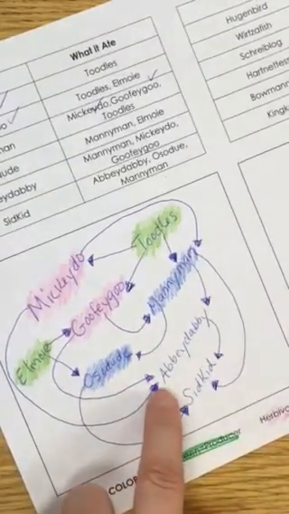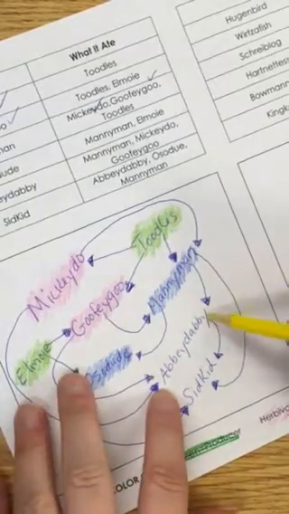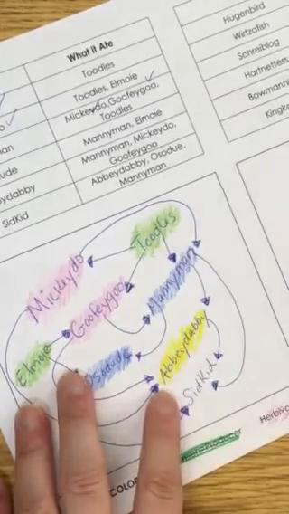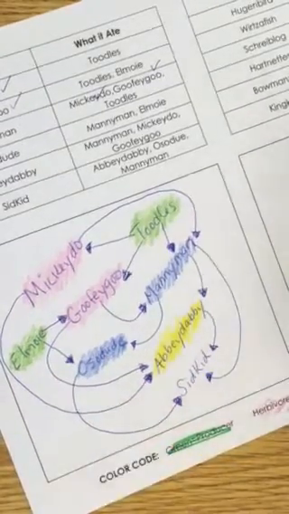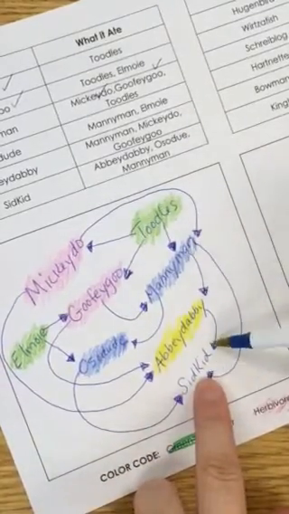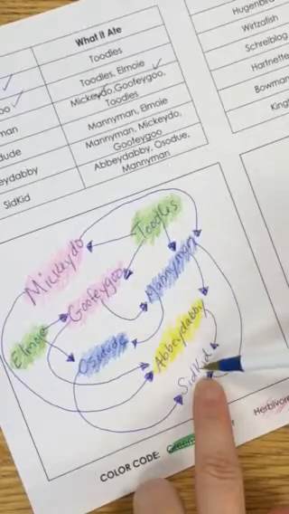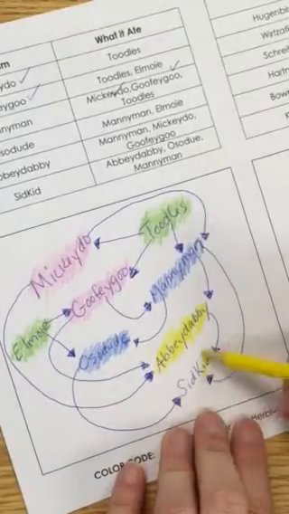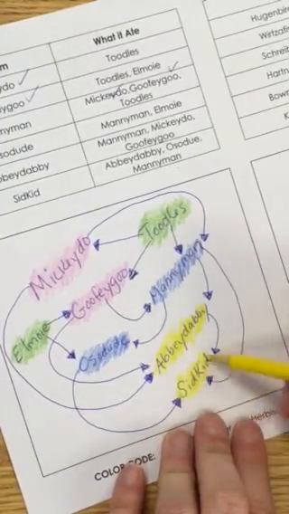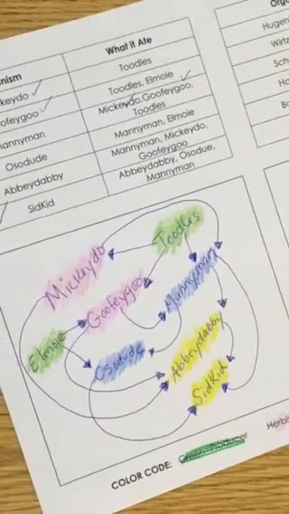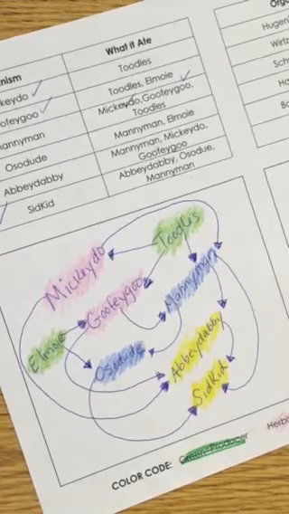So it only eats consumers, which would make Abby Dabby a carnivore. And last but not least, Sid Kid. Sid Kid eats Manny Man, a consumer. Sid Kid also eats Abby Dabby, a consumer, and also eats Oso Dude, making Sid Kid a carnivore also.